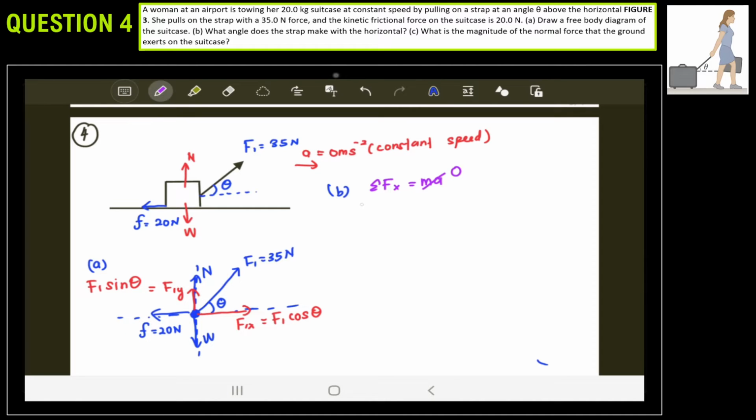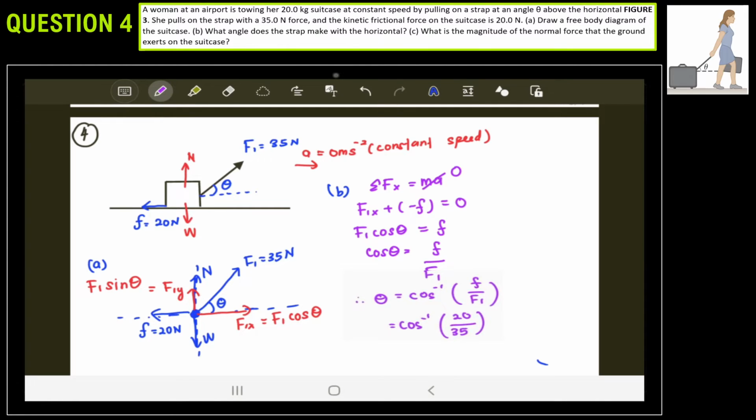So F1x plus negative friction is equal to 0, and F1x is F1 cos theta, which is equal to the friction. Therefore, cos theta is equal to f over F1, and the angle is equal to 55.15 degrees. So this is my answer.